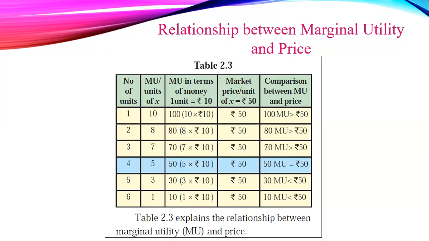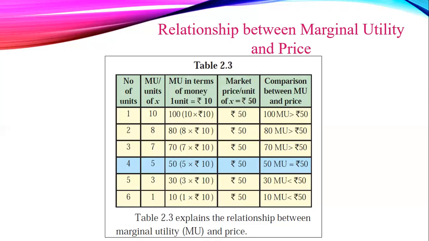If you see the first column, there are 6 units: 1, 2, 3, 4, 5 and 6. If you observe column number 2, MU per unit goes on diminishing with every further unit consumed.